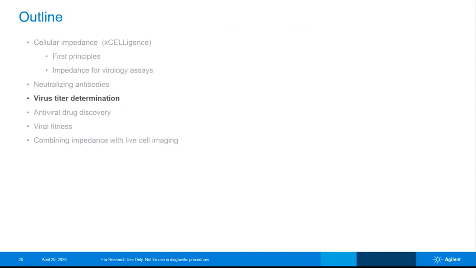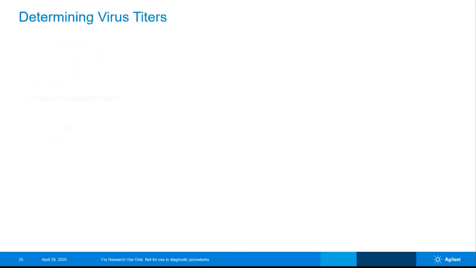So I'd like to move now to an example of using the impedance assay for virus titer determination. If you think about typical virus titering, we buy a number of viruses, and sometimes the titer is listed as the number of genomes identified per mil, or maybe ELISA has been used to look at a given virion coat protein and its concentration, or maybe light scattering has been used to determine the number of particles.